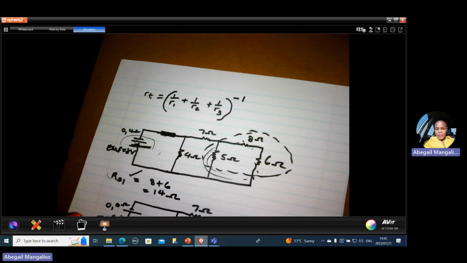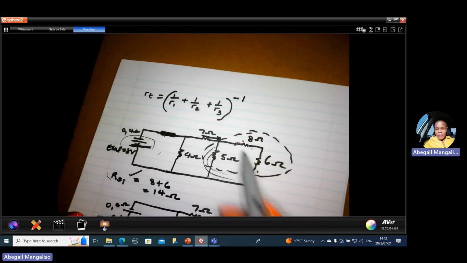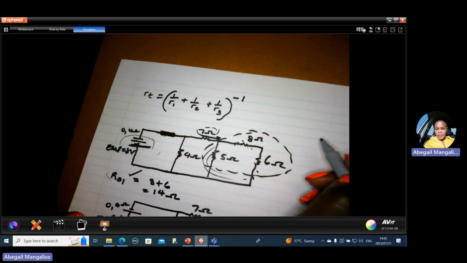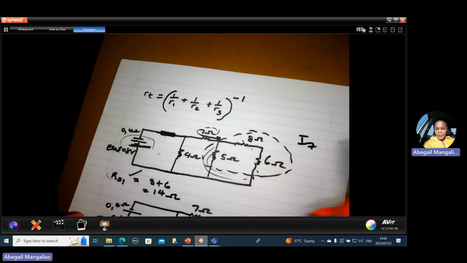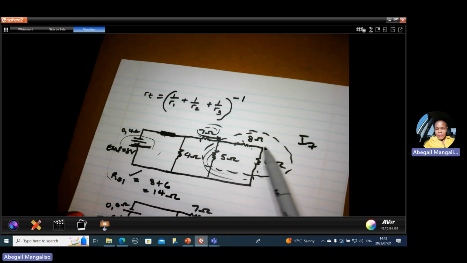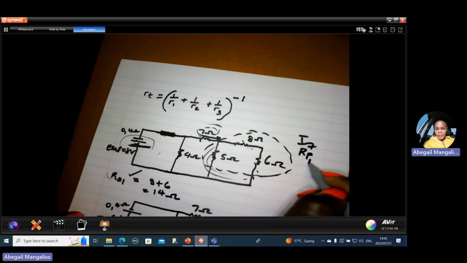Now, to get this voltage, we need a current that goes into this junction. So the current that goes into this junction is the current across the 7 ohm resistor. So we need to calculate I7, since this is 7 ohm. So we're going to label it as current across the 7 ohm. Now, we need I7, we also need the RP.